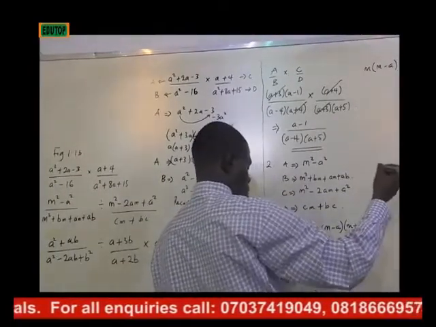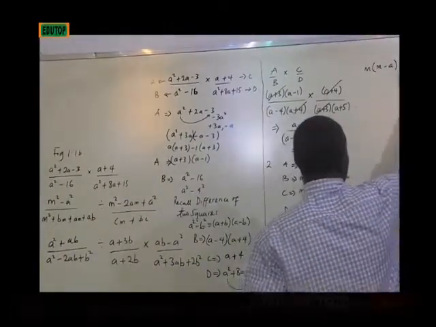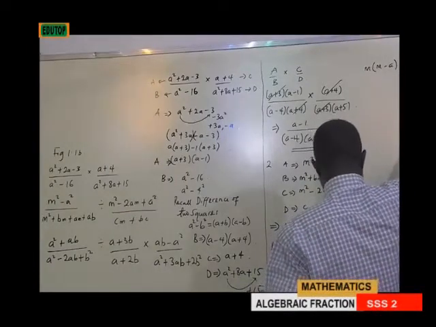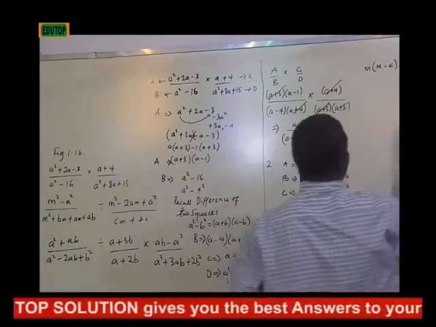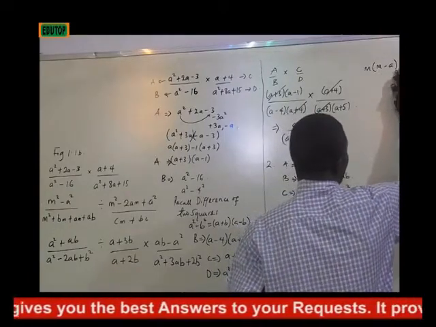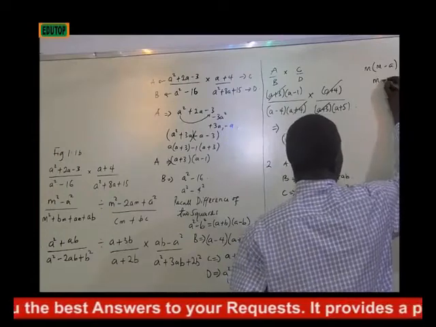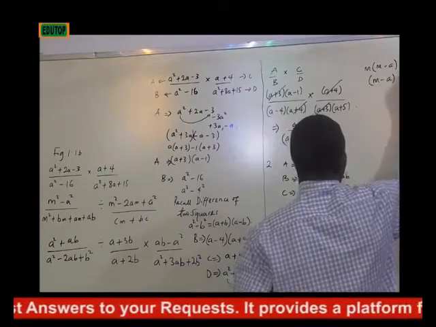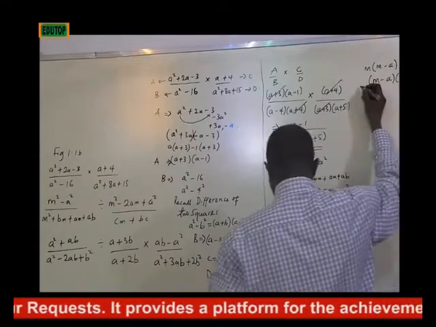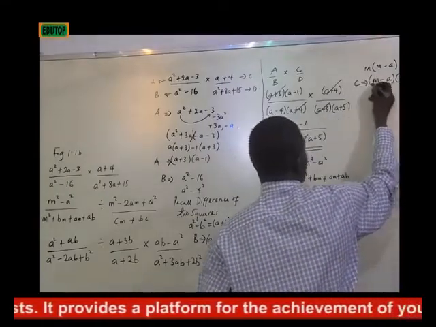What is common to this? Minus a: minus a into m minus a. So what's common? M minus a. So I have m minus a into m minus a. So this is my C.